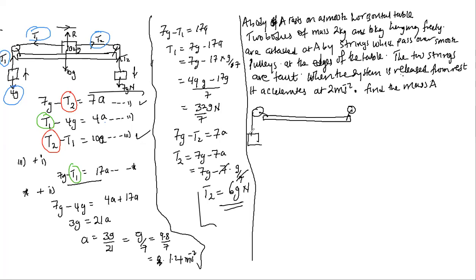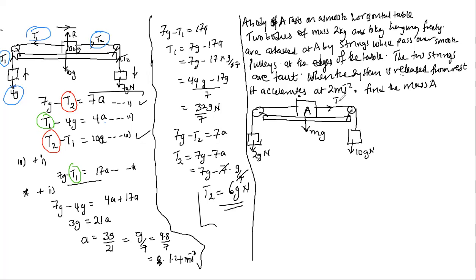So on the side, it has 2 kgs. It also has 10 kgs. So there is a mass here, capital A, whose mass we don't know.